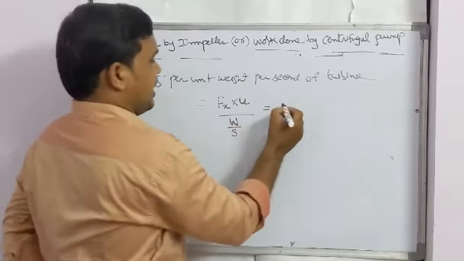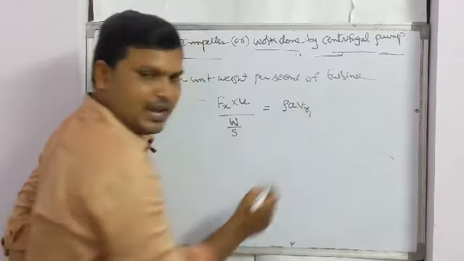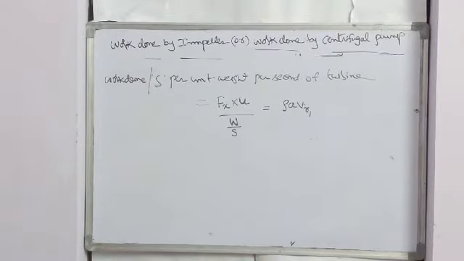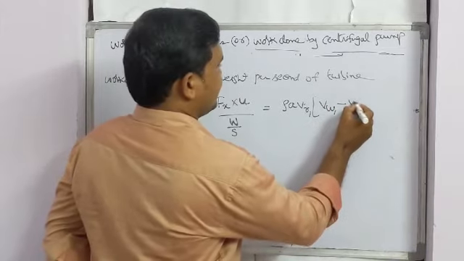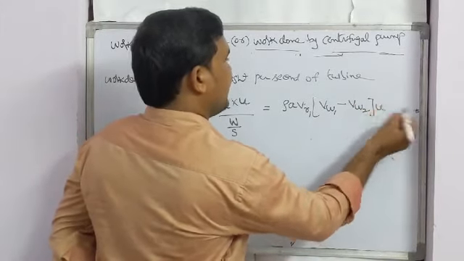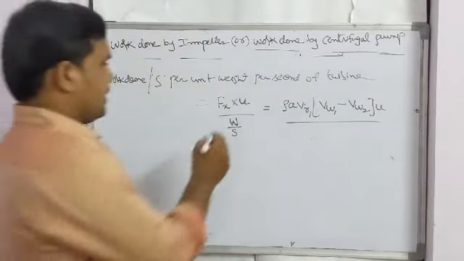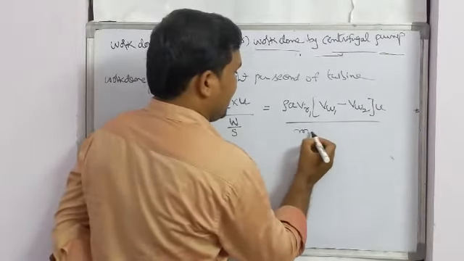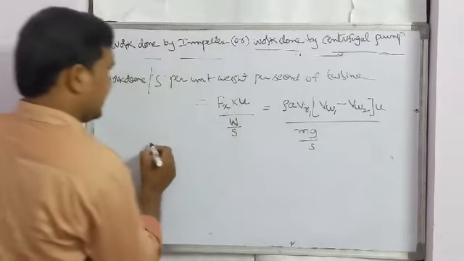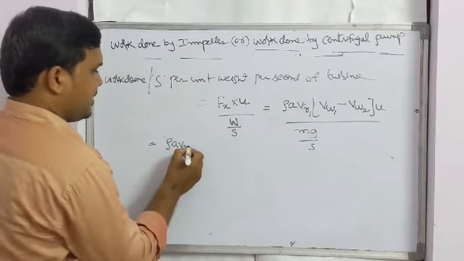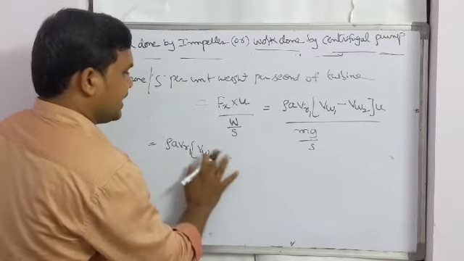So I can write Fx as rho A VR1 into (VW1 minus VW2) into blade velocity U, divided by W, where weight is mass into acceleration due to gravity, per second. So I can write here rho A VR1 into (VW1 minus VW2).